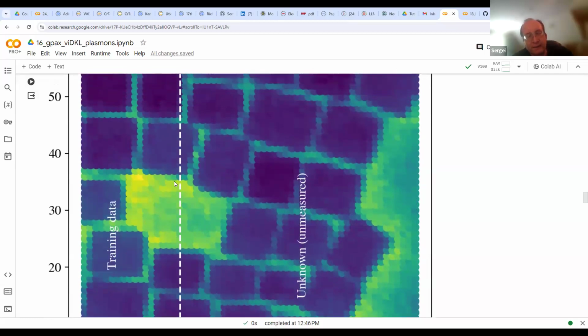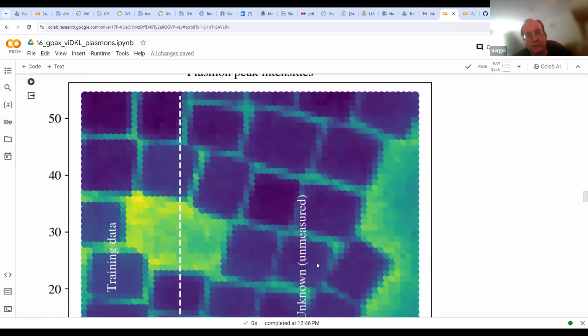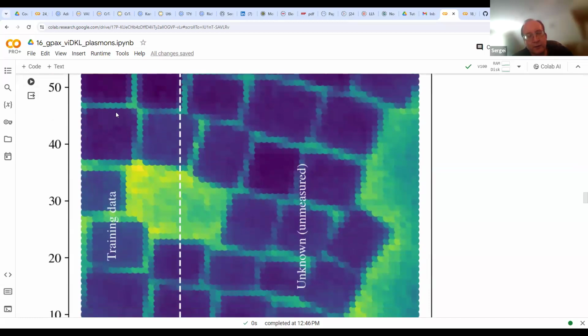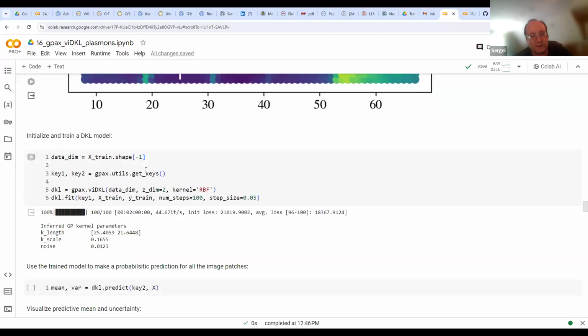The realistic scenario can be that we have all structural data, and then we're acquiring the spectral data in the grid mode, in the scanning regime. So we measure here, and then based on it, we want to reconstruct what happens here, where we haven't seen it. So see what happens.